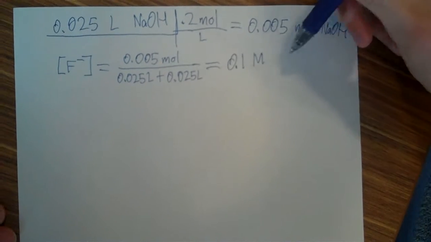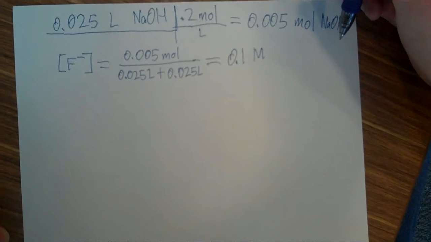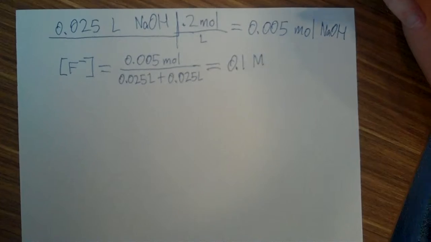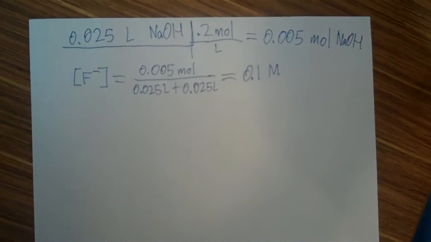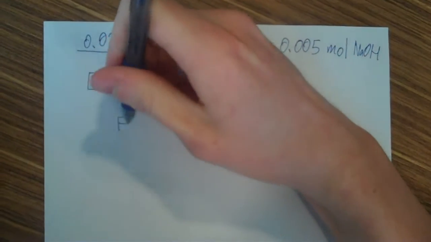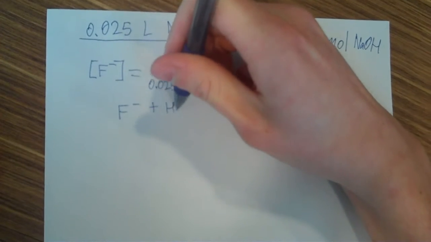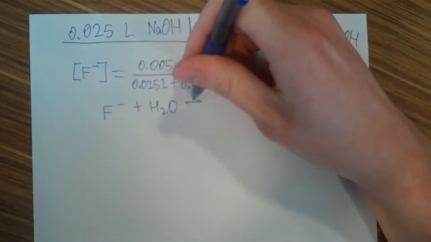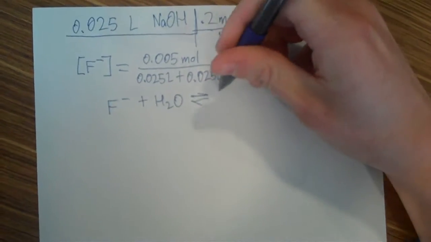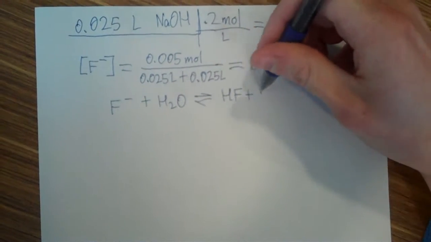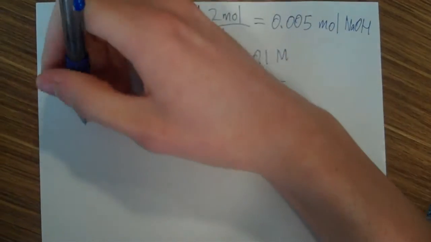Now since we're working with molarities, we're going to use an ICE table. So initial, change, and equilibrium. So F minus plus H2O react in equilibrium to form HF plus OH minus.